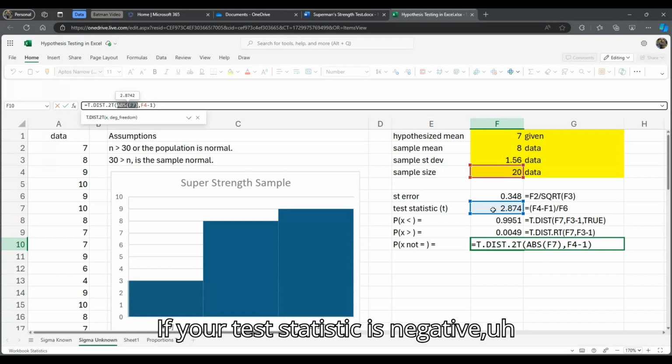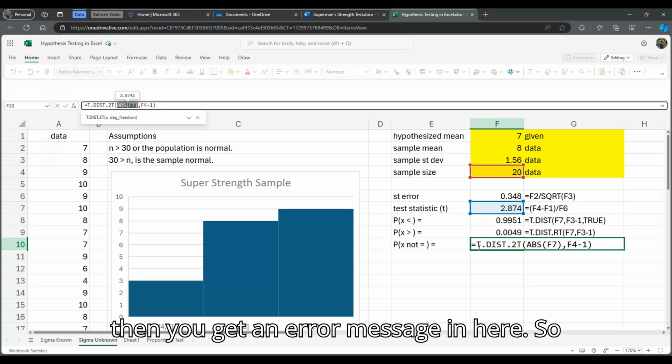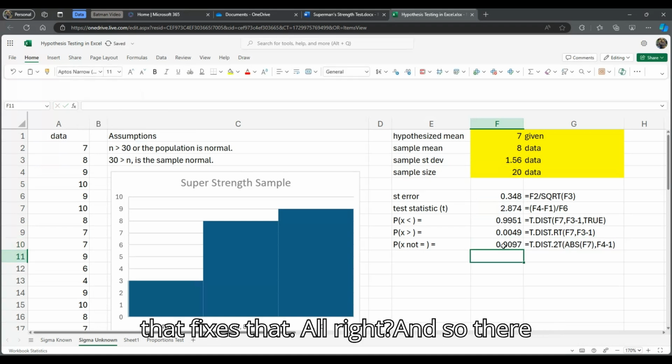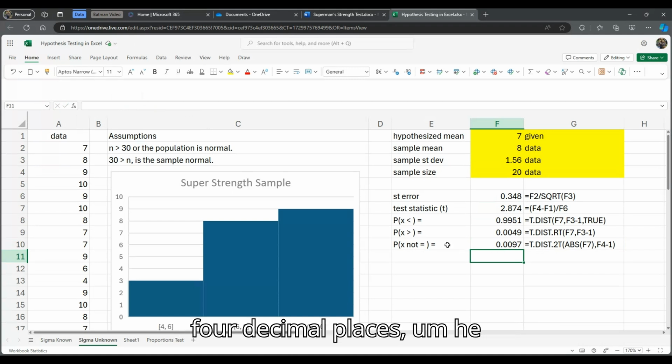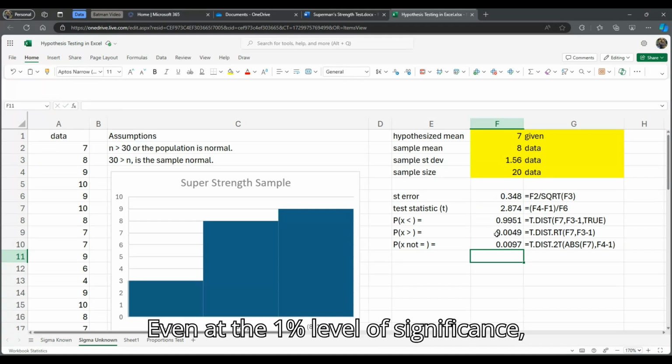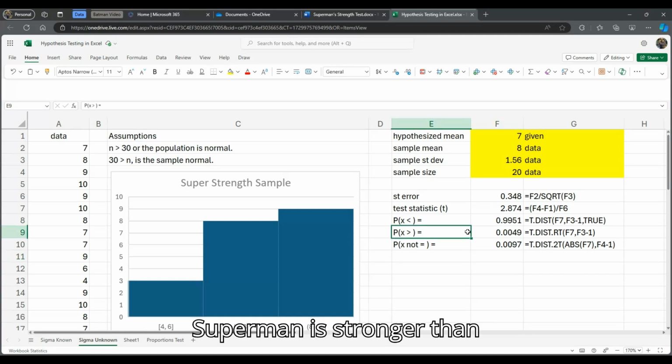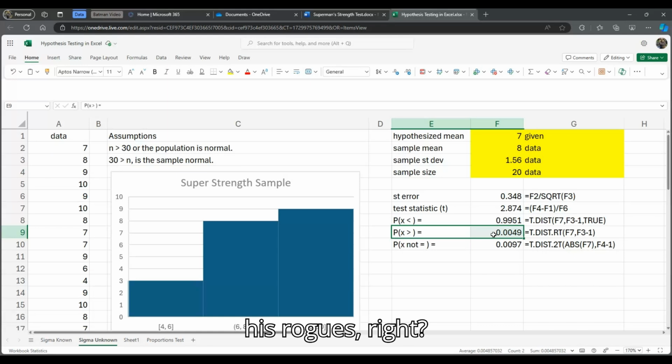If your test statistic is negative, then you get an error message in here. So that fixes that, all right? And so there we go. And now we can see that out to 4 decimal places, he is definitely stronger than at the 5% level of significance. Even at the 1% level of significance, Superman is stronger than his rogues, right?